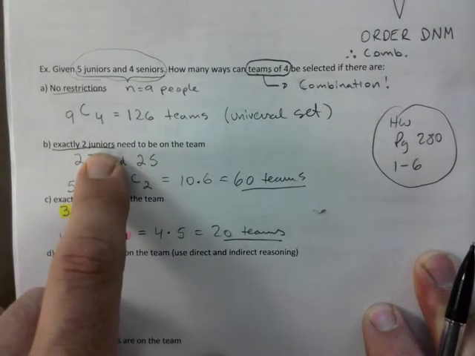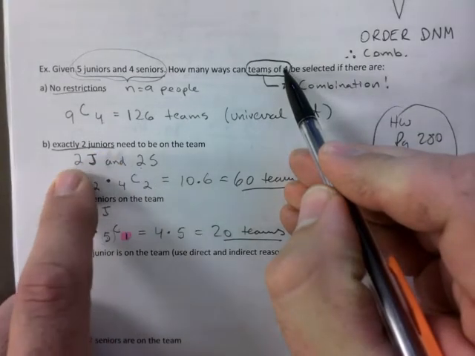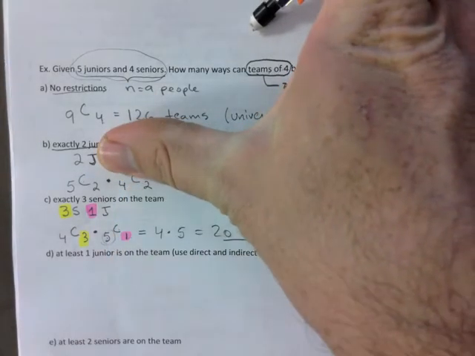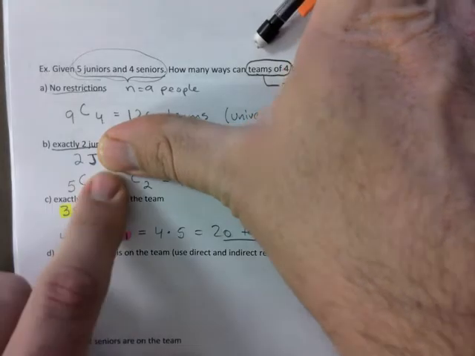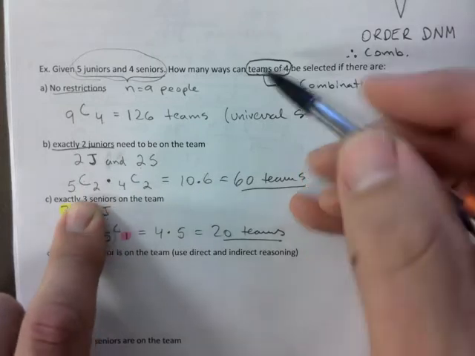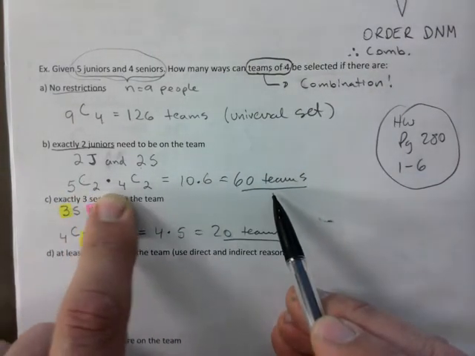What if you had to have exactly 2 juniors on the team? Well, you're still making teams of 4, so you had to have 2 juniors and therefore 2 seniors. A lot of students forget that part. They just focus on the juniors. Remember, you're making teams of 4, teams of 5, teams of 6, whatever I give you. So this is review, I know, but I kind of rushed yesterday, so I want to make sure you get this part.